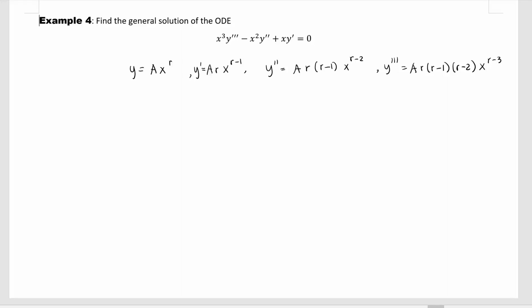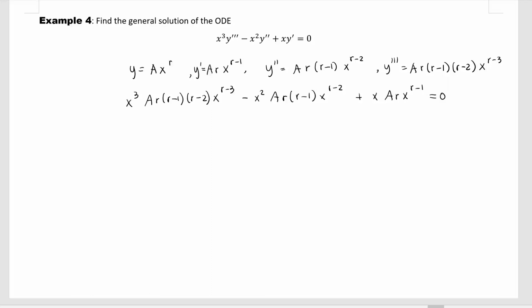Okay, so we're going to put this into our formula. So x cubed y triple prime is a r (r minus 1)(r minus 2) x to the r. And then we have x squared y double prime, a r (r minus 1) x to the r. And then x y prime is a r x to the r.